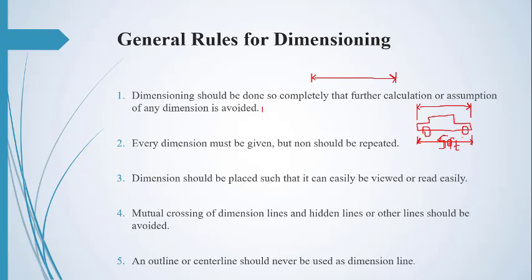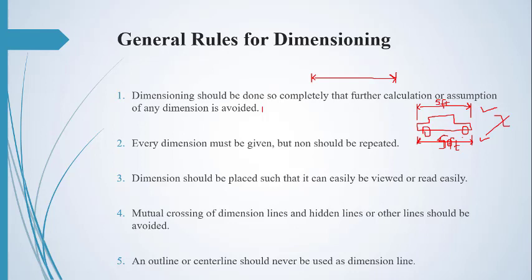So taking dimensions 2 times, or more than 2 times, should not be done, because as you can see here I have used a 5 feet dimension above and 5 feet below. Both dimensions are repeated, so this repetition must be avoided.